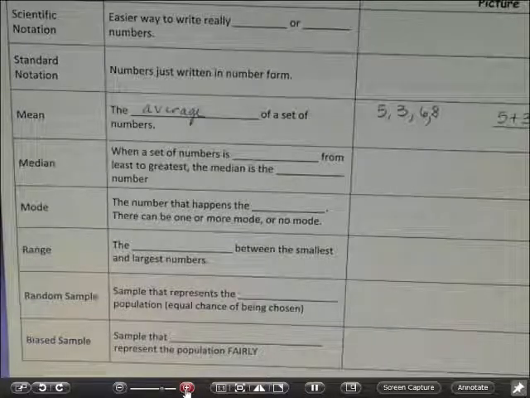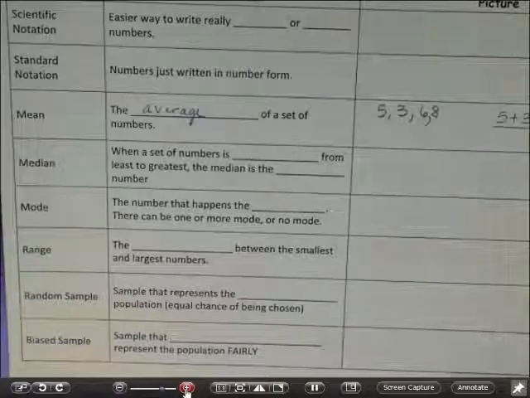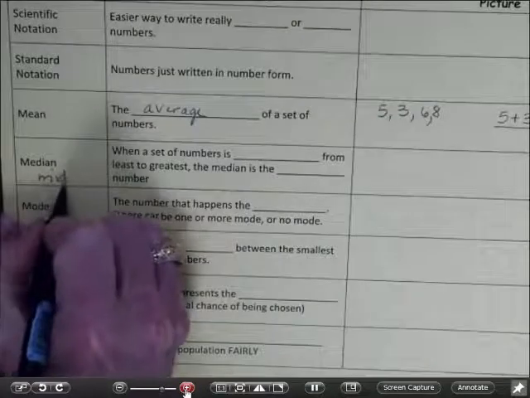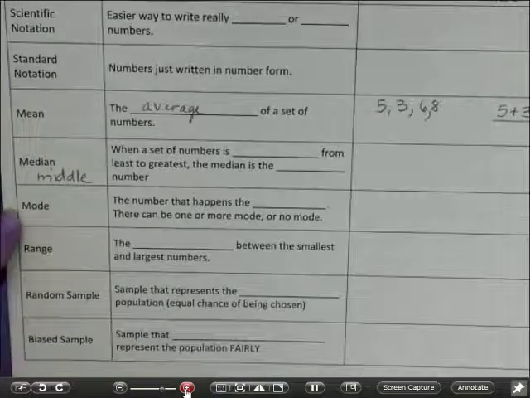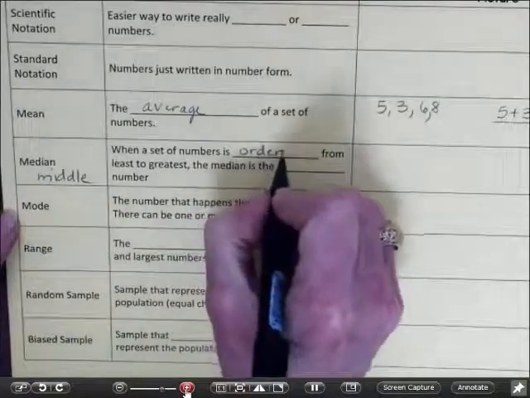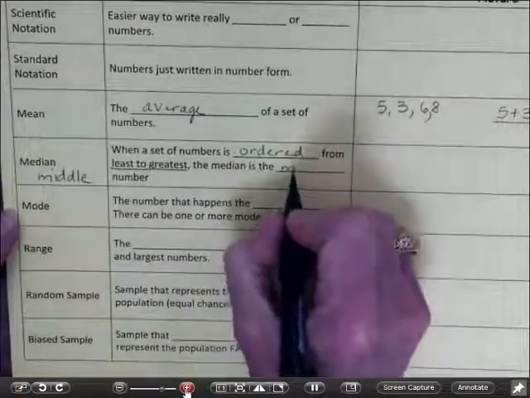Well, of course she couldn't, because they're not going to report that, because the median is a more true piece of data to tell you about the middle. Okay, all the word median is the middle. So the way we find the median is when a set of numbers is ordered from least to greatest, the median is the middle number.